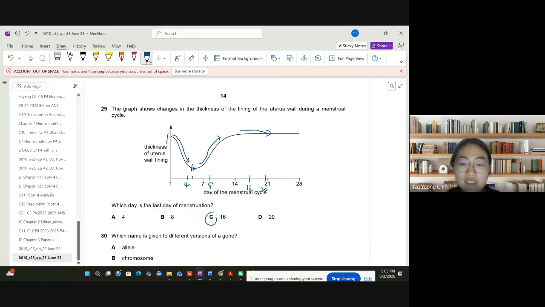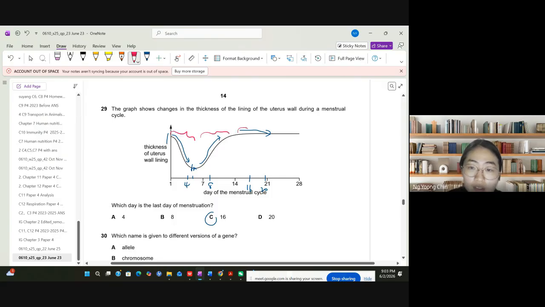Why do you think the answer is C? Which is the last day for menstruation? You tell me, where is your menstrual phase? Is it here? Or here? Or here? Which one do you think is the menstrual phase? Menstrual phase refers to the shedding of the endometrial lining.